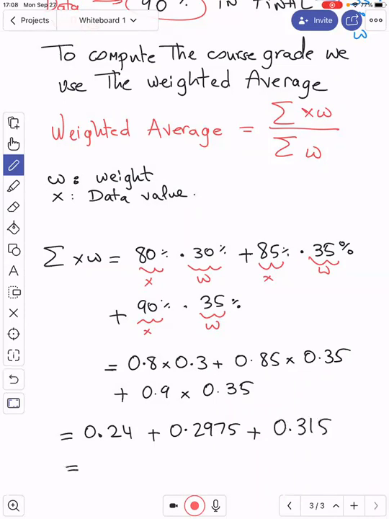Now the total would be 0.24 plus 0.2975 plus 0.315. If I'm not mistaken, this should be 0.85.